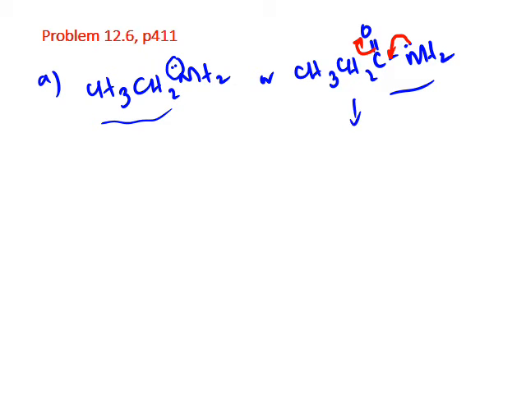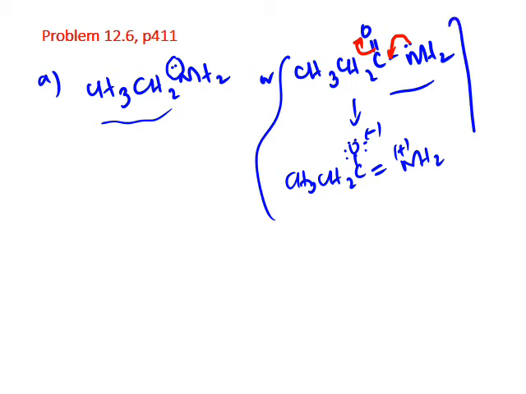So this is going to look like this: CH3, CH2, CO minus, double bond, NH2 plus. So now you can see here, the electron pair is no longer on nitrogen in this resonance structure. So this is the resonance you're looking at.